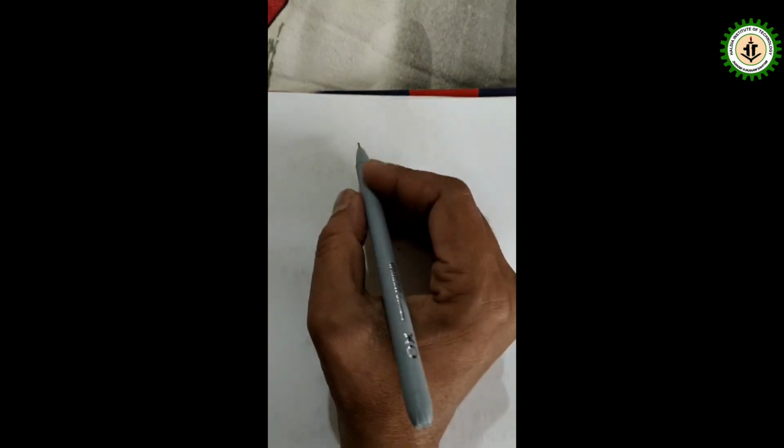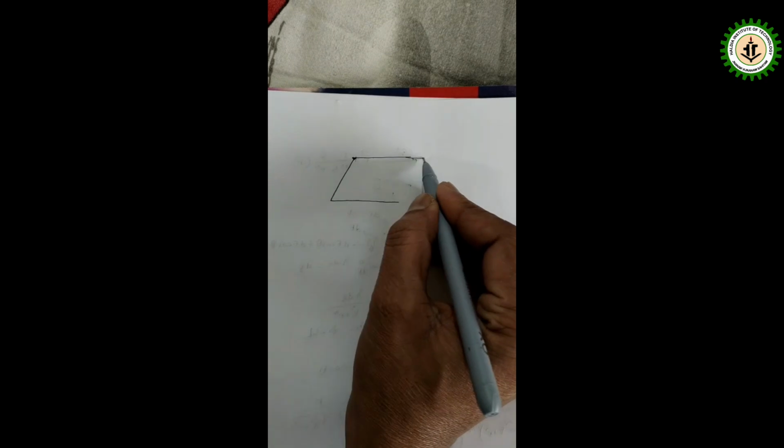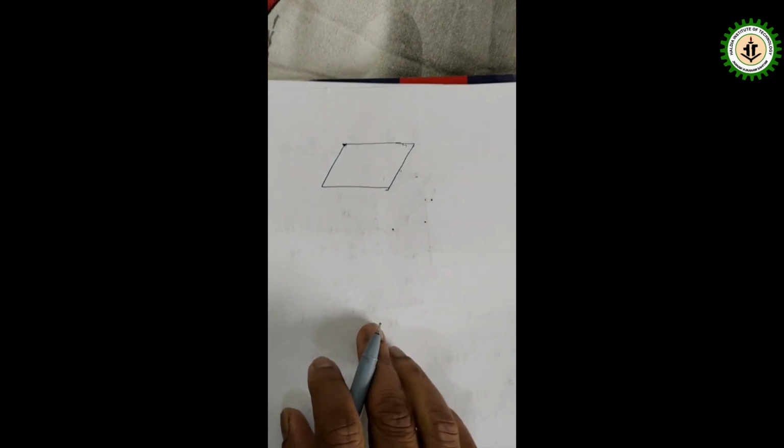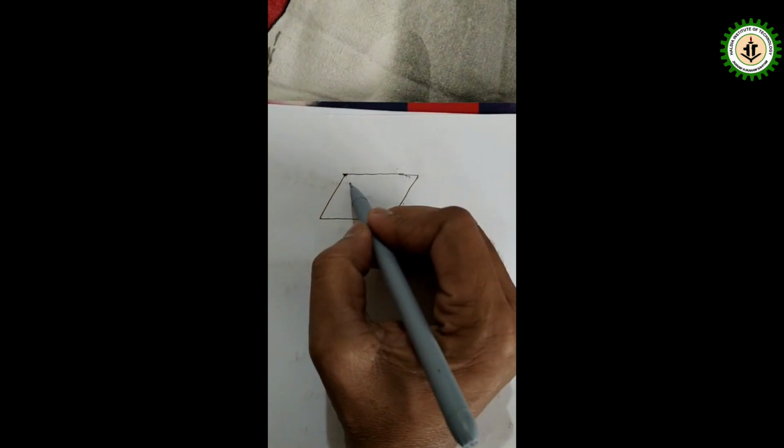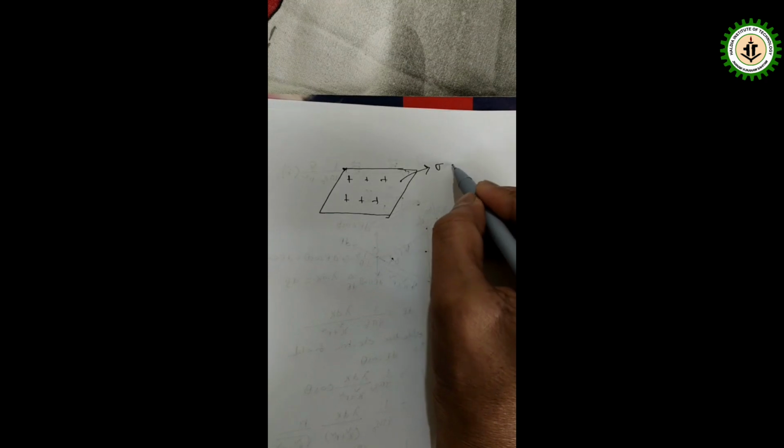Similarly, instead of an infinite wire, if I consider an infinite metallic sheet, the result is a little bit different. If I consider an infinite metallic sheet with charge density sigma coulomb per meter square, then what will be the electric field at any height h?